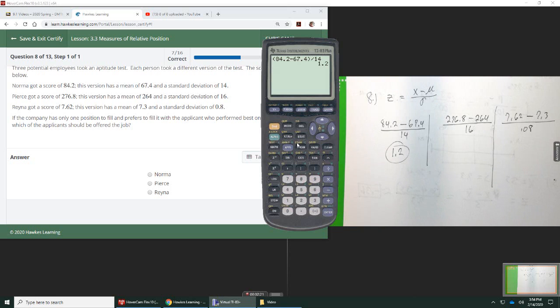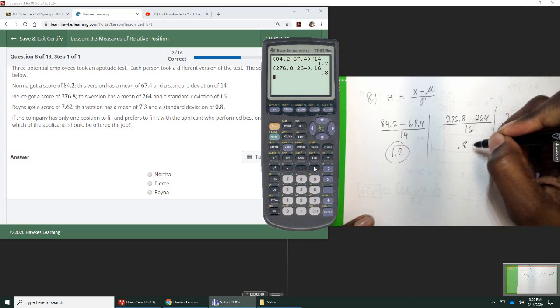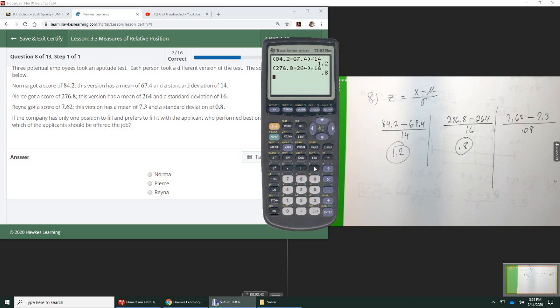And then the next one, 276.8 minus 264, close parentheses, divided by 16. You get 0.8. So far, applicant 1 is the best.